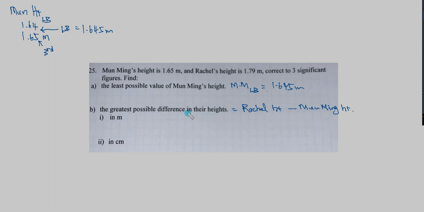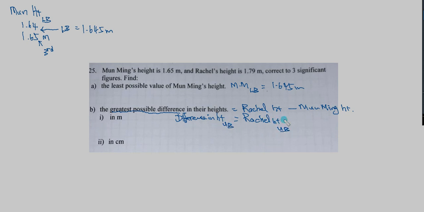But if you want the greatest possible difference in the height, so basically, you are looking for the upper bound of the difference in the height. Okay, to get the upper bound of the difference in the height, we have to take the upper bound of Rachel's height.